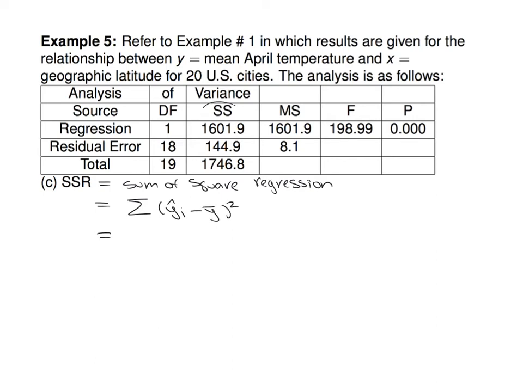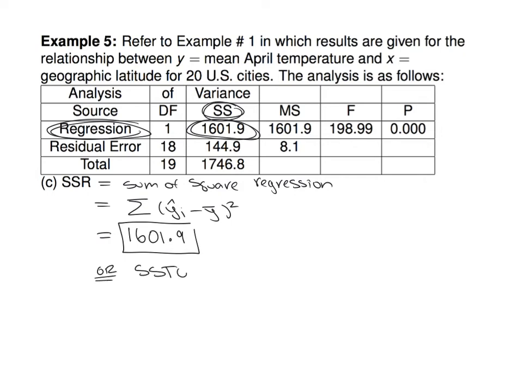But from the table, sum of squares regression, that number right there, 1601.9. Note this can also be found by doing SSTO, which was the answer to A, minus SSE, which was the answer to B. It will be the same thing. Or you can see that this number plus that number makes this guy.